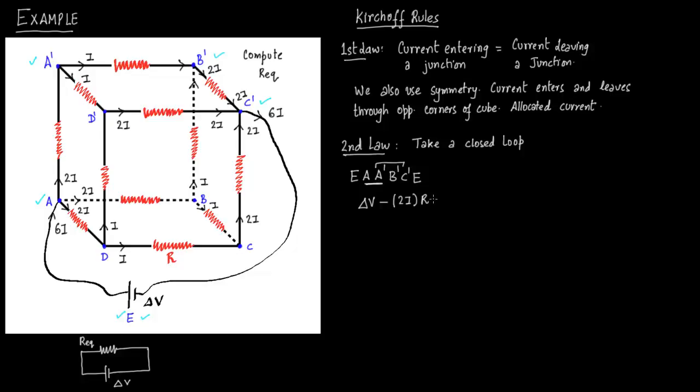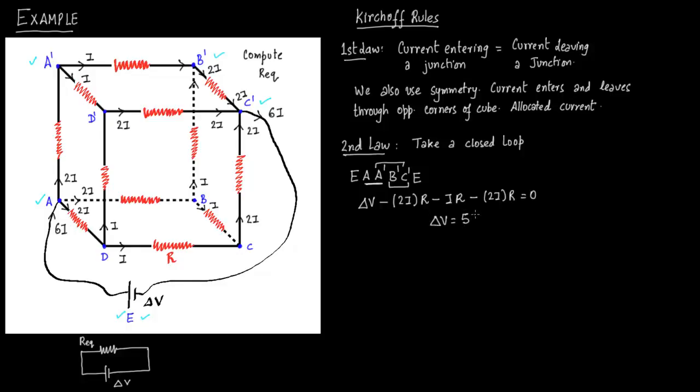In the segment A prime B prime, we have just current I, so you have minus I times R. Then in B prime C prime, you have current 2I, so you get minus 2I times the resistance. This is equal to 0.